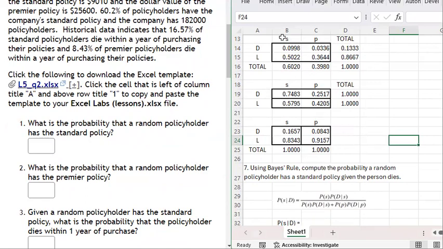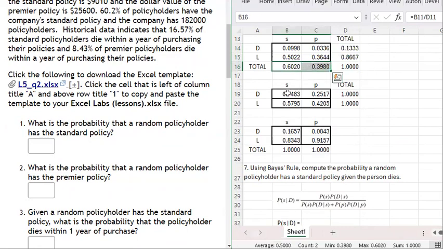All right, we're going to use the probability tables here, right? We have one probability distribution, a second, a third, a fourth, a fifth, a sixth, and a seventh. We're going to use the 7 probability distributions here to answer the questions over here. What is the probability that a random policyholder has the standard policy?